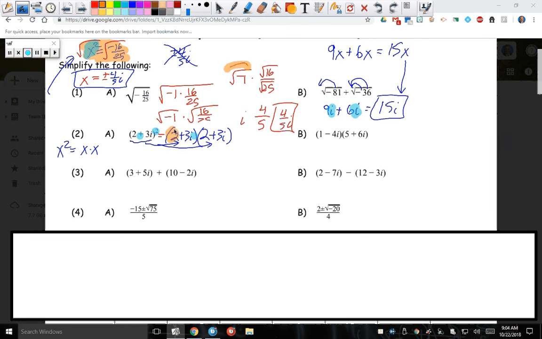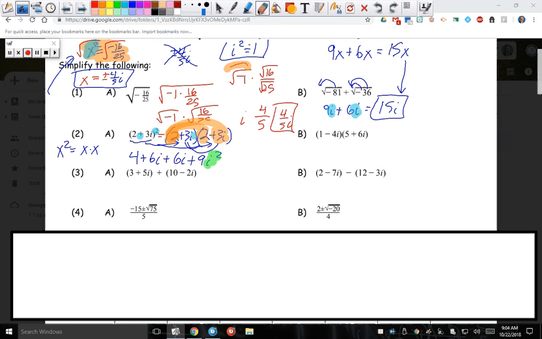You would multiply the first terms to get 4, and then multiply the outside terms to get a positive 6i. The inside terms get another positive 6i, and then the last is a positive 9i squared. Here's a common mistake with this i squared. I squared is very, very common in the simplification of these answers, where we know i squared is negative 1.